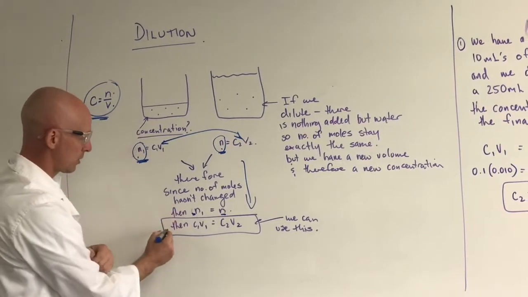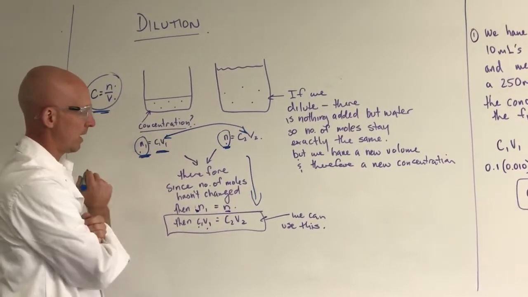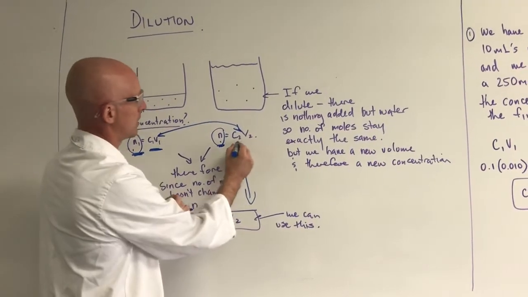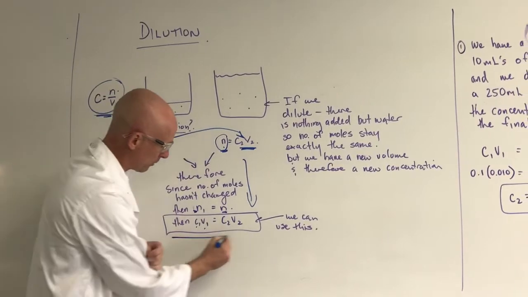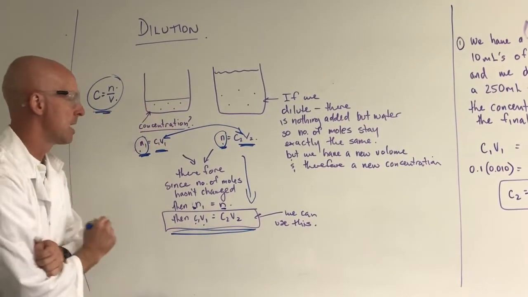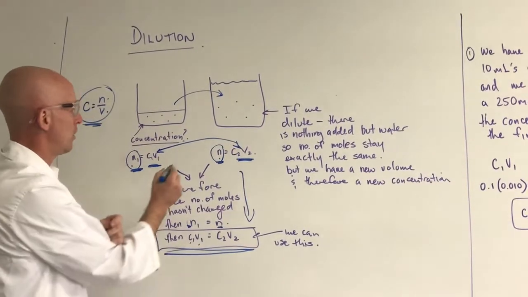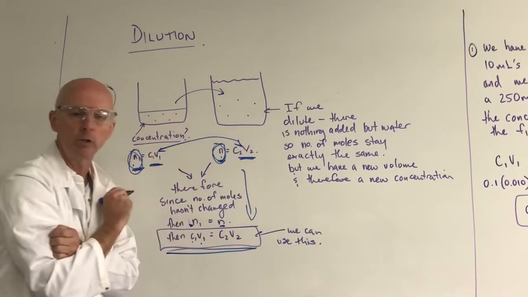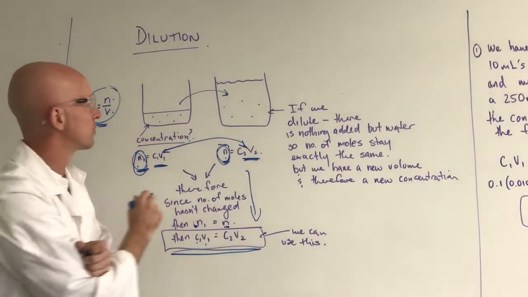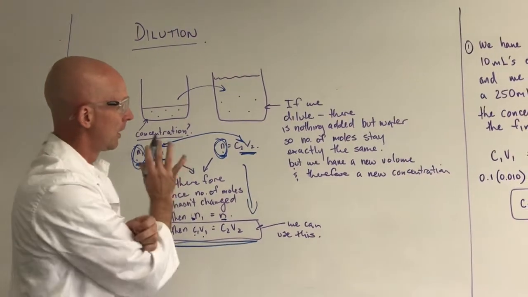And so I can use C1 V1, which is this part of the equation, equals C2 V2, that part of the equation. And that's where that formula in your textbook comes from. The fact that we've diluted something, but we have not changed the number of moles when we do that dilution. All that we've changed is we've added water to it.